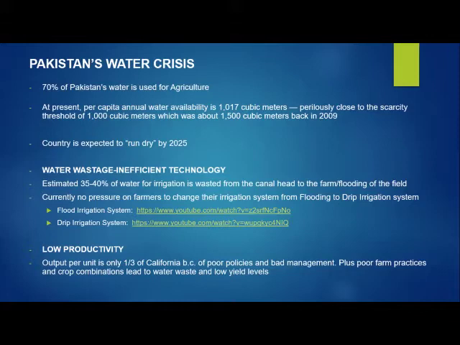So a lot more emphasis needs to be given to good farming practices, and these will help increase the amount of crops produced per acre, and also reduce the amount of water wastage.